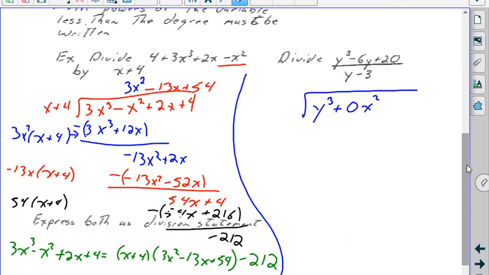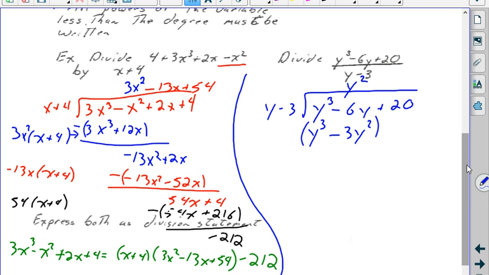I'm just going to do the first step if you don't write the 0y squared term. I'm going to be trying to take away negative 3y squared from 6y. They're not like terms, I can't do that.